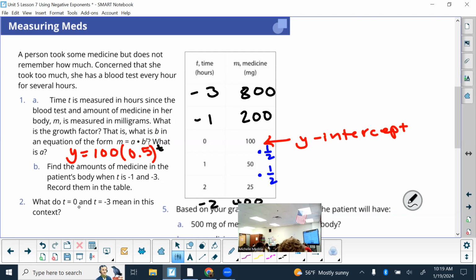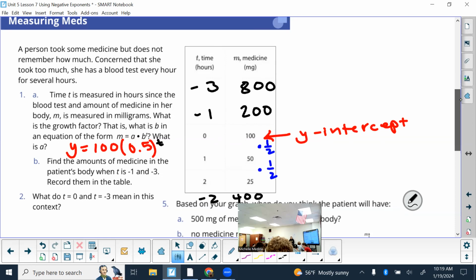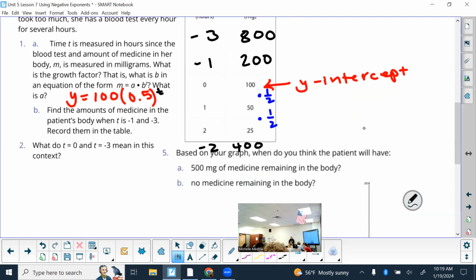What does it mean when t is 0 in this situation? My next question will be, what does it mean when t is -3? So when t is 0, I'll take a volunteer.